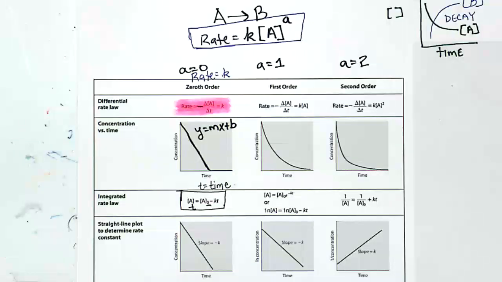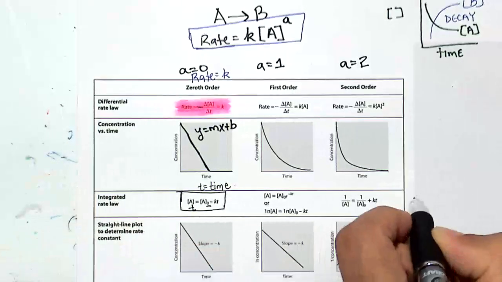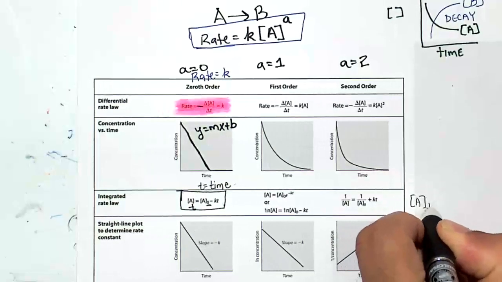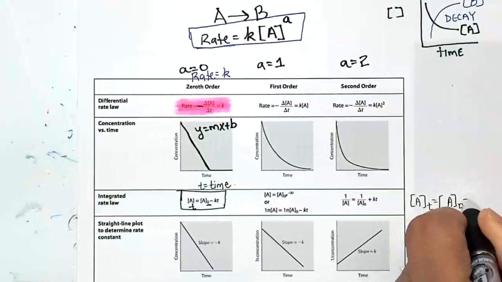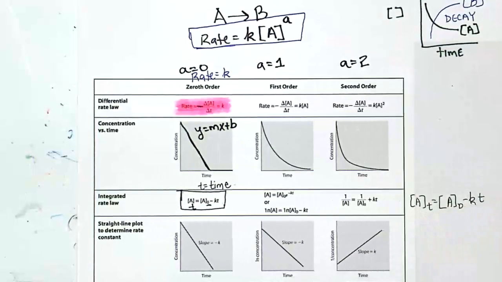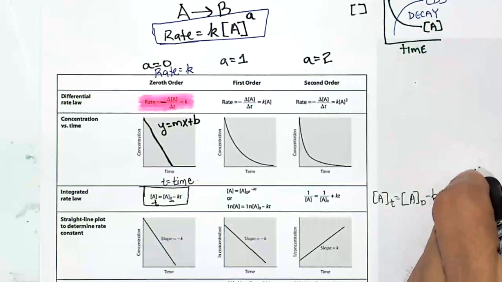So this is the equation you're going to use when A decays with zero order kinetics.